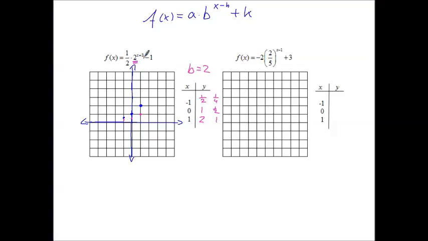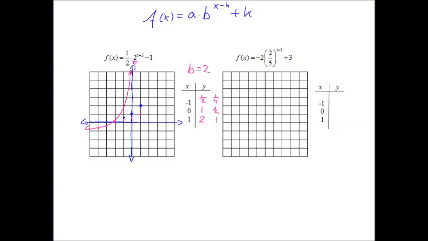H is -3. Remember, always the opposite sign of what you see. That means we have to go 3 steps to the left. But k is -1, so we also have to go 1 step down. So I'm going to take each one of our points, 3 steps to the left and 1 step down. And that will give us our graph that we can now put into our coordinate plane.